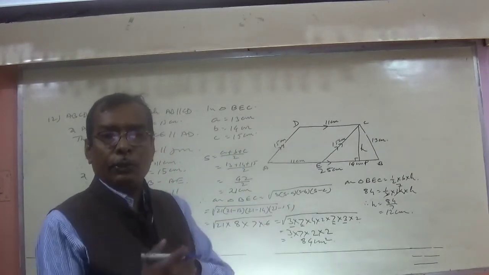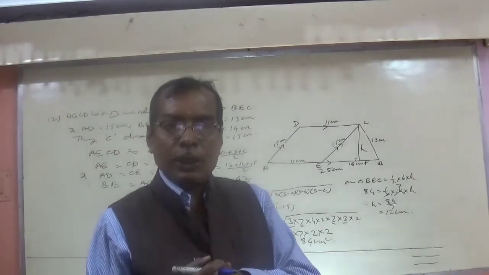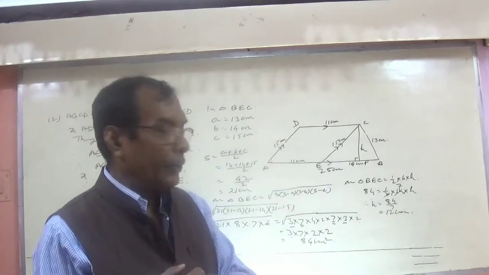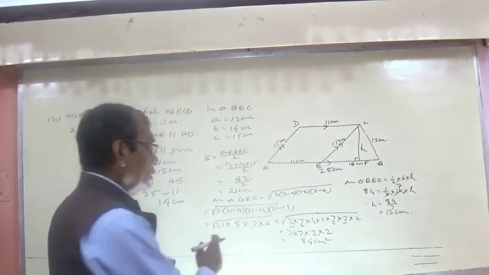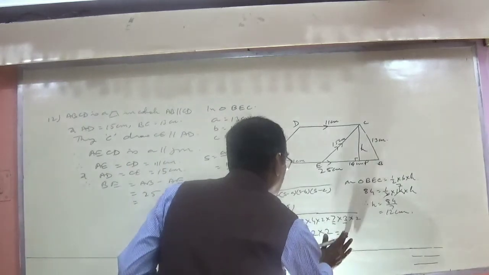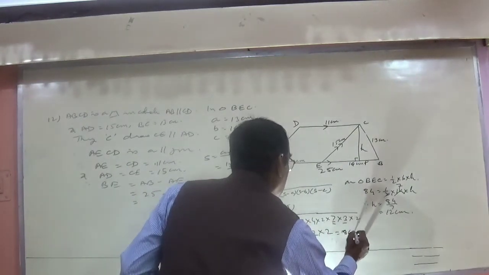Now quite easily you can find the area of the trapezium. So this is 84 centimeter. I am writing this side. I think it will not come in the screen.